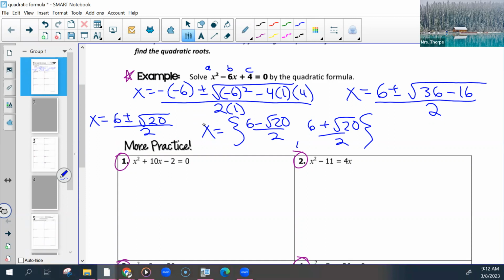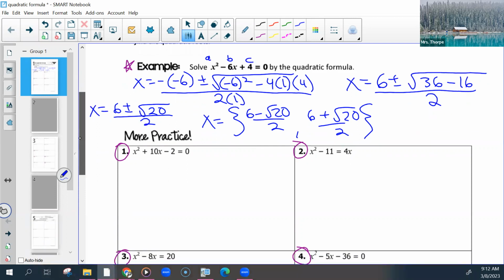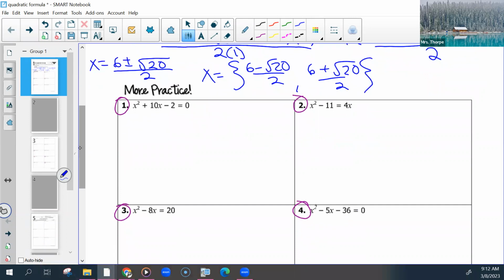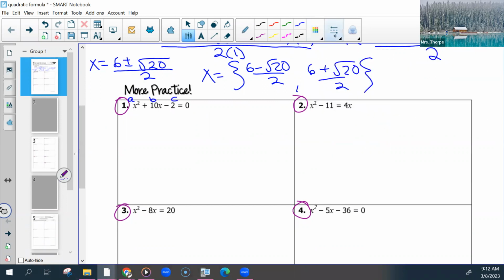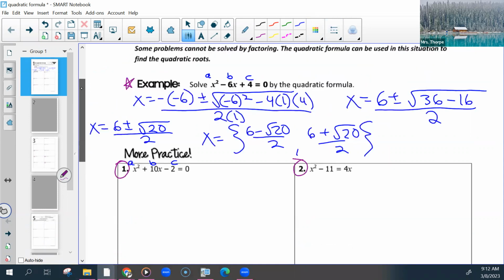Okay, let's do another. So your first thing should always be label your A, B, and C. The formula is the same, it will not change.